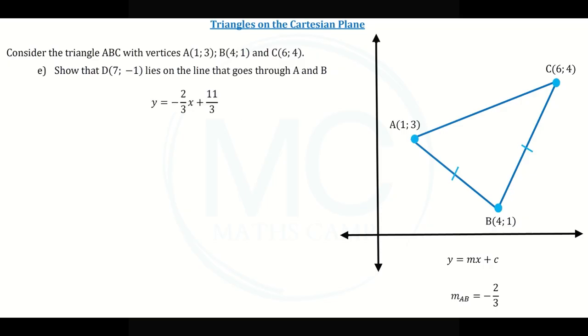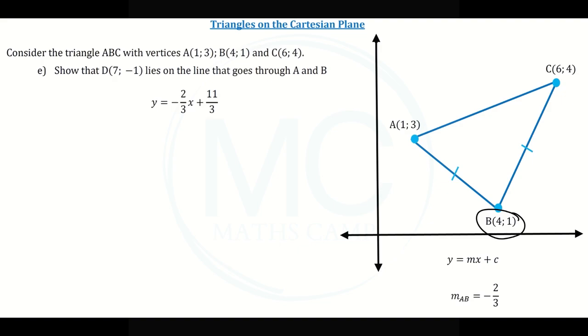Now, in most of the examples we have looked at in this course, we have found c to be a whole number. So before we move on, let's double check that this equation is correct. We know that point B with coordinates (4, 1) also lies on AB.